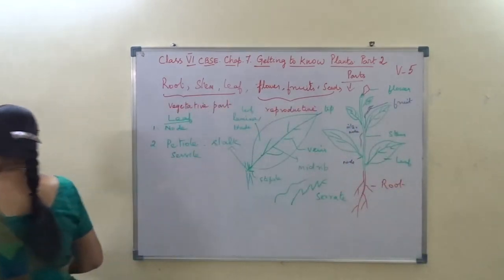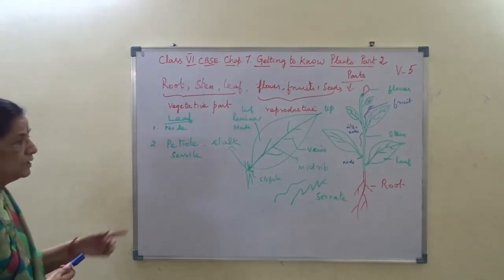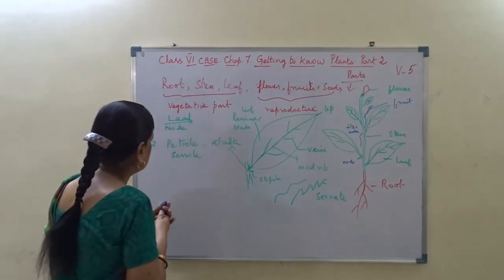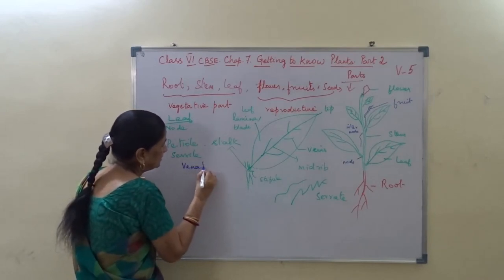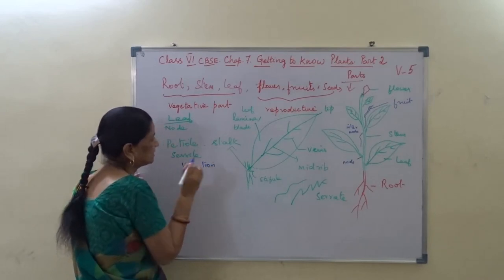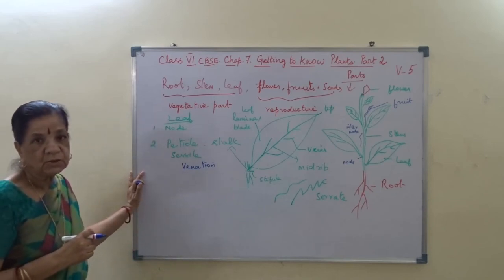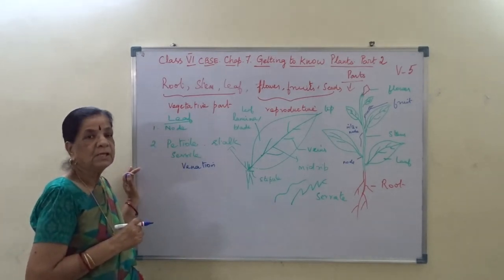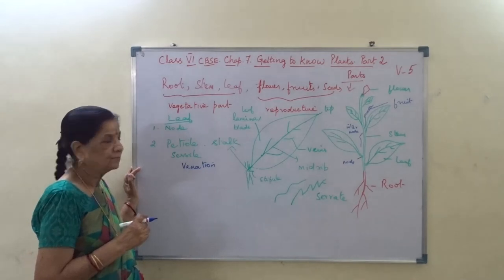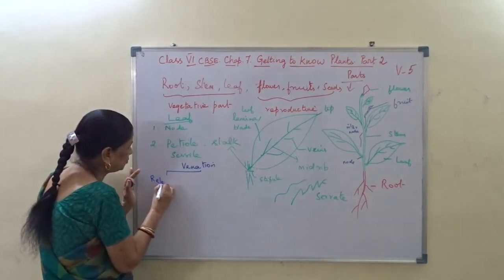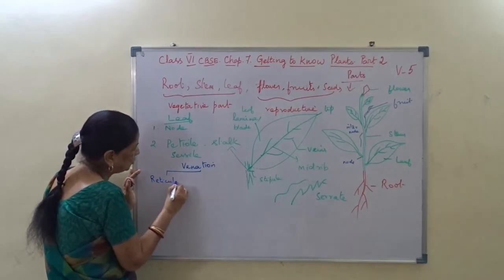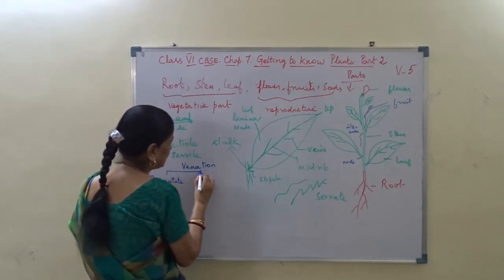And then the arrangement of veins. The arrangement of veins on the leaf is called venation. The arrangement of veins on the leaf is called venation. And this venation is of two types. One is called reticulate venation.